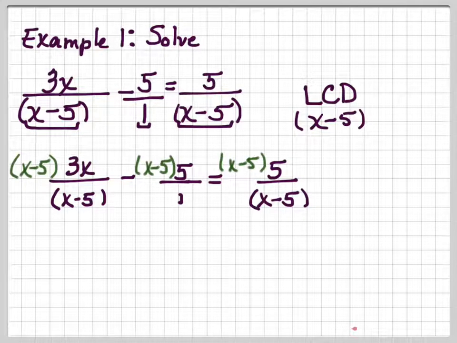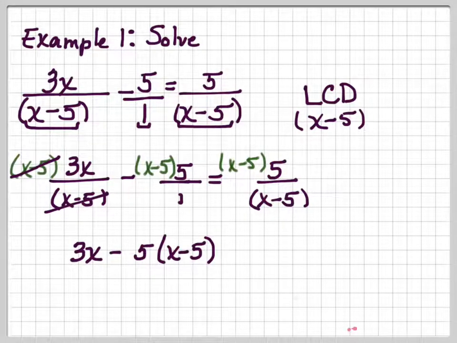All I'm doing is multiplying each individual term by x minus 5. But you notice here that those x minus 5s cancel out. So we have 3x. And this x minus 5 doesn't cancel out. This is why we have to have that set of parentheses, because now we're going to multiply minus 5 times x minus 5. And the last thing, the x minus 5s cancel out, so that's equal to 5.